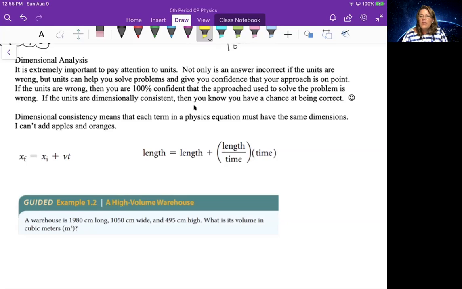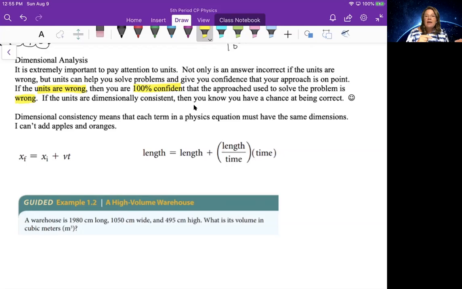So here's one thing I want to tell you. If you do a calculation and you look at your units, and you find that the units came out wrong, say you know that it should come out in meters, and you find that the answer is in meters squared, guess what you know for a fact, without a doubt? You are 100% confident that you are wrong.